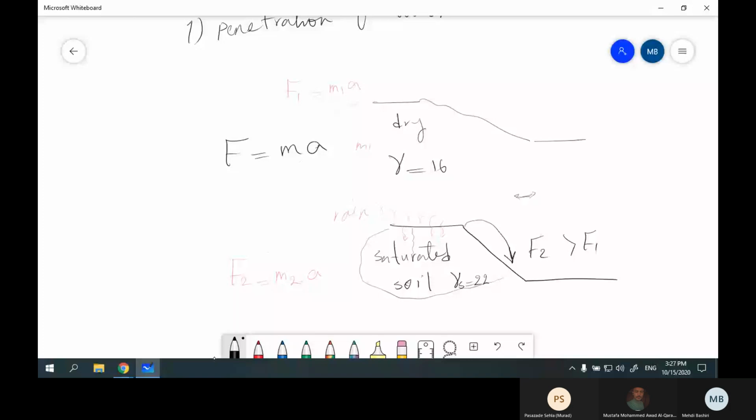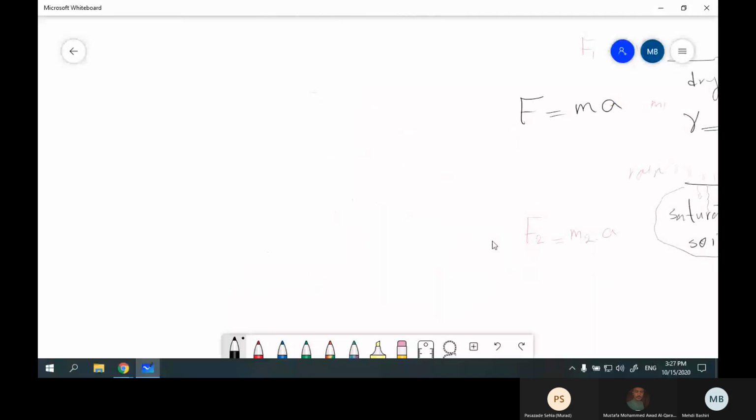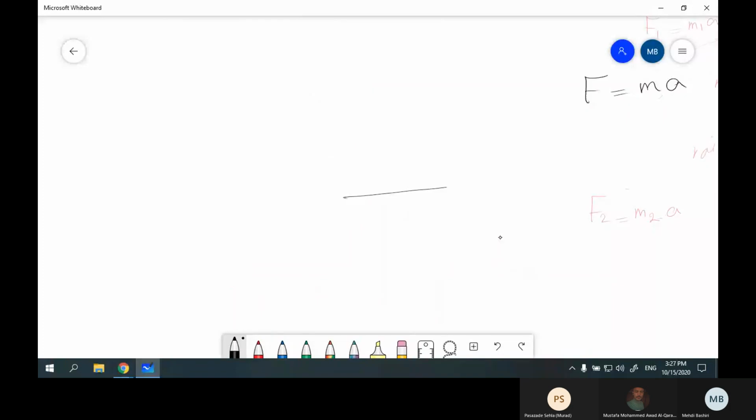For example, if you have such a thing, this is a road and this is a slope. When you have cars or constructions, the movement of the cars creates small shaking.